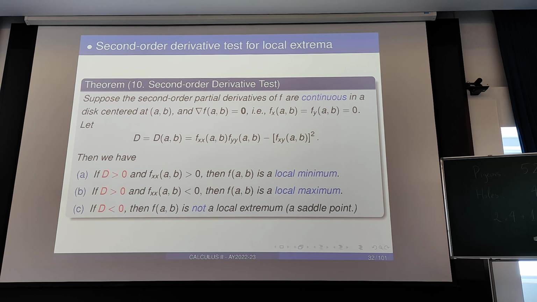You have a theorem that says that if the function f has a local extremum at an interior point (a, b) and the first partial derivatives fx and fy exist, then this interior point (a, b) is a stationary point.